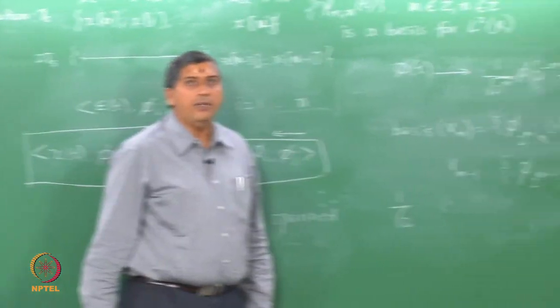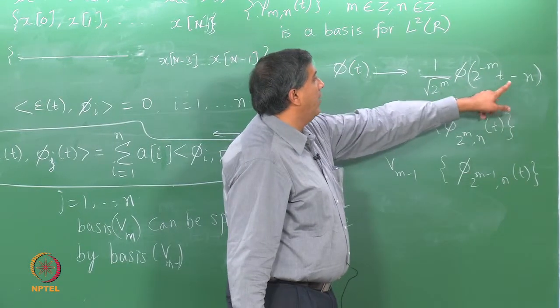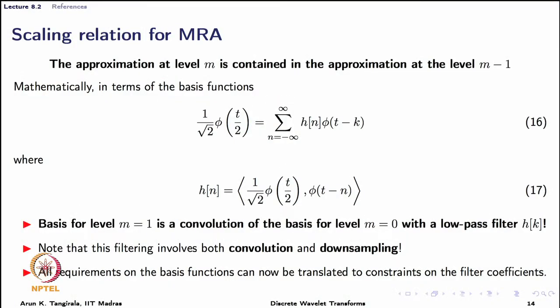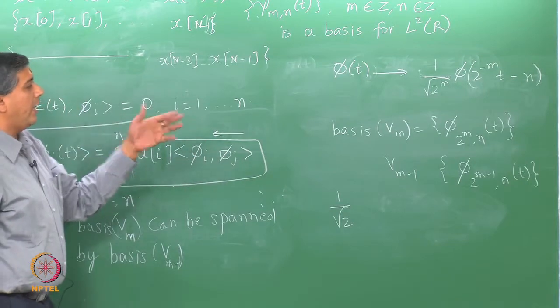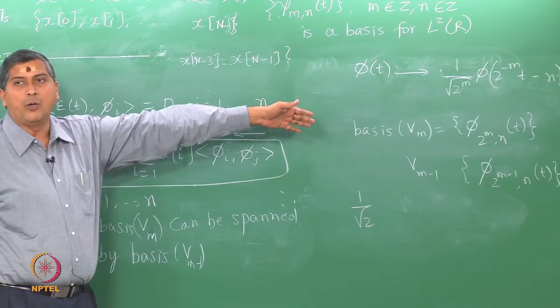Because m equals 1, we have 1 over root 2, and I am picking any basis function for V naught. In fact, I can write another basis function also in V naught, which will be the translate of 1 over root 2 phi of t by 2.